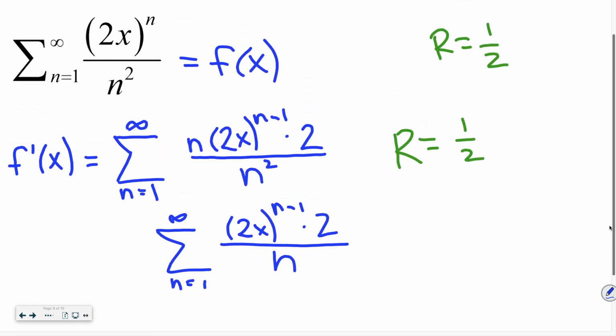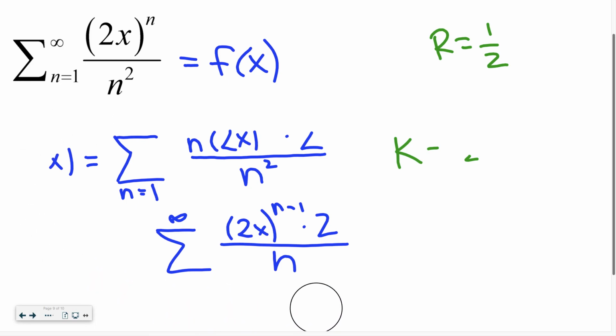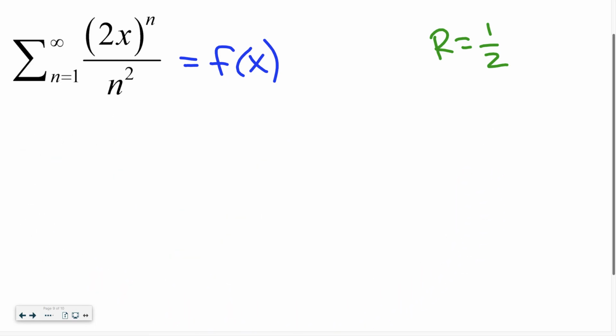Okay, let's think about the antiderivative very quickly. Can I erase this?